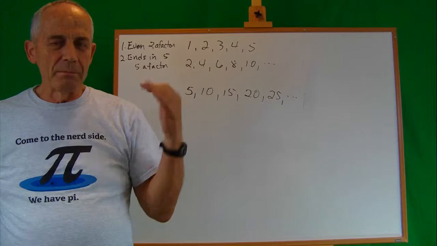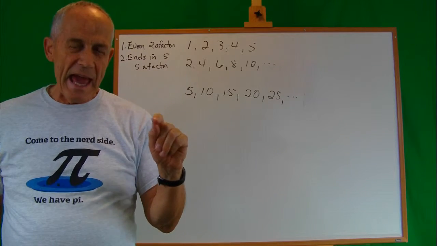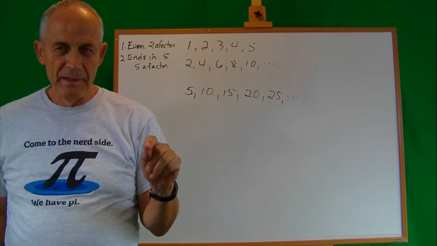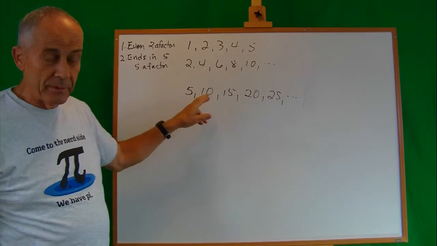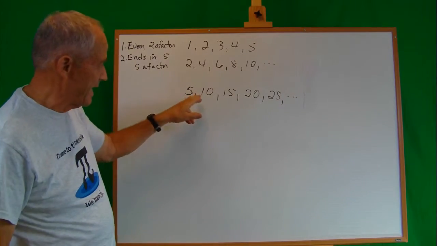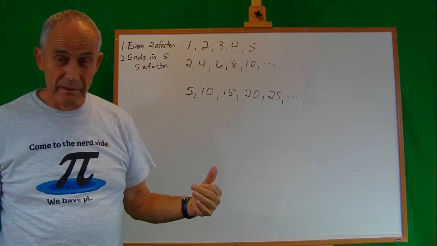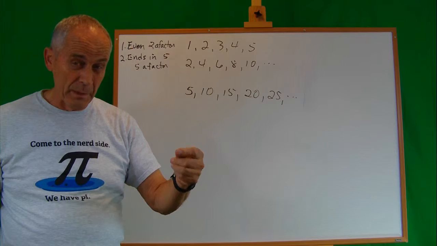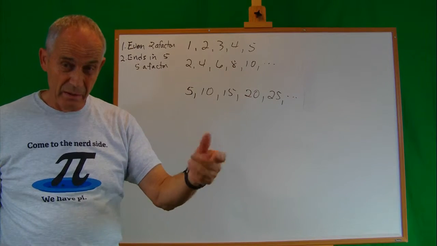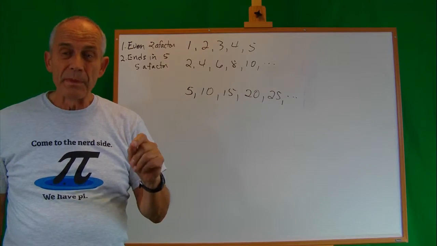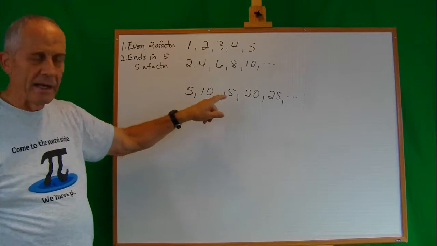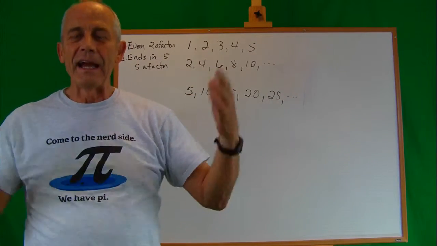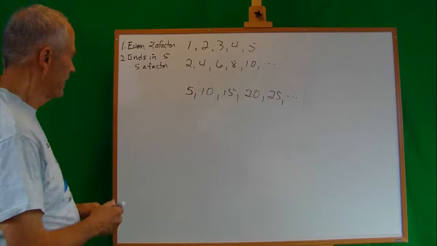Every one of those is part of that same group, so they have a factor of 5 in them, but there's something else, and we've talked about this before when we had numbers with 0 at the end. Remember where that came from? It came from multiplying by 10, 20, and so on. So if a number ends in 0, what's going to be a factor? Absolutely. 10 is a factor.